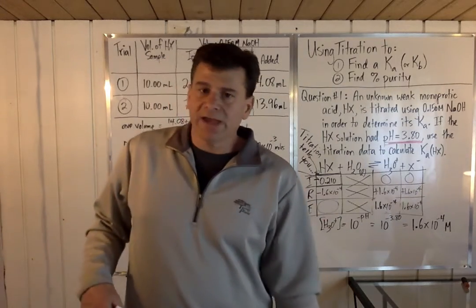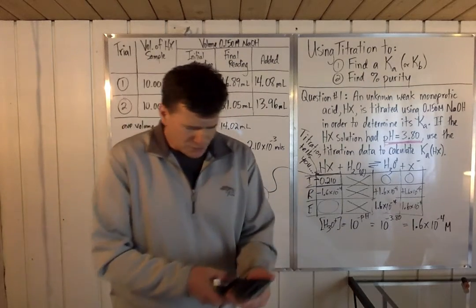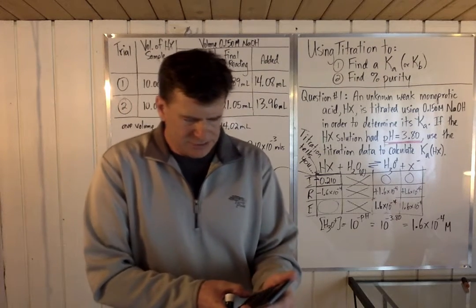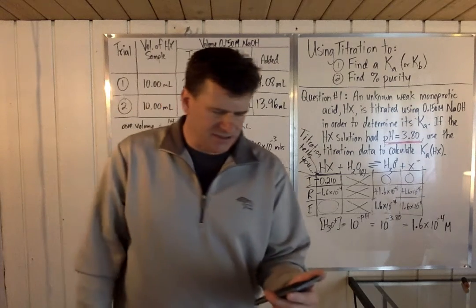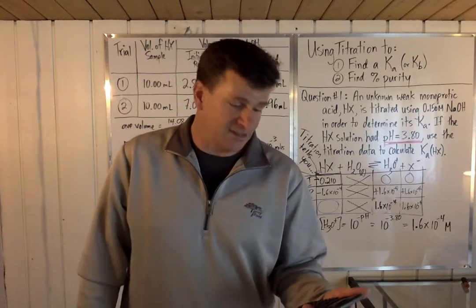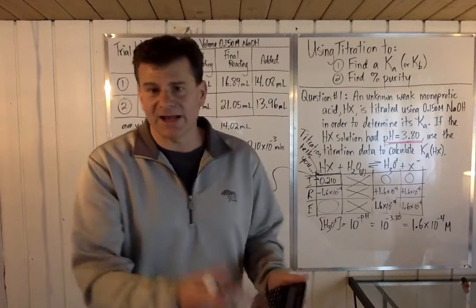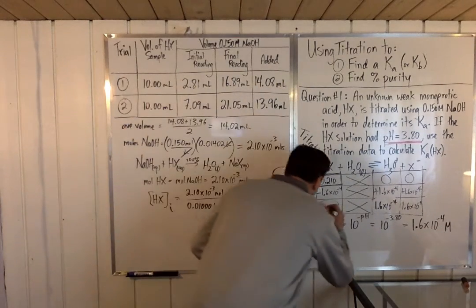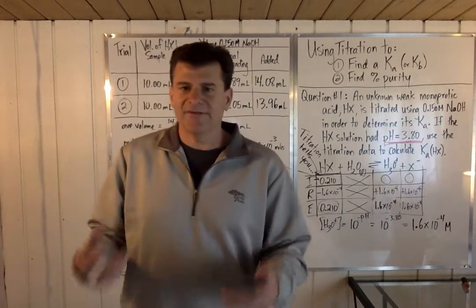That's not a good assumption, because we're usually talking about fairly precise values. If I go 0.21 minus 0.00016, it actually doesn't change it. It's actually 0.2098, and that 8 means the 9 has to round up, so it stays 0.210.